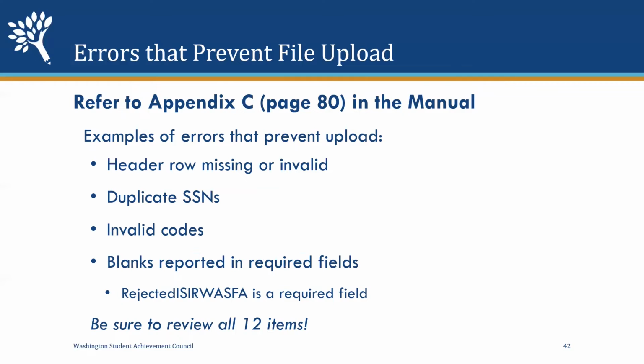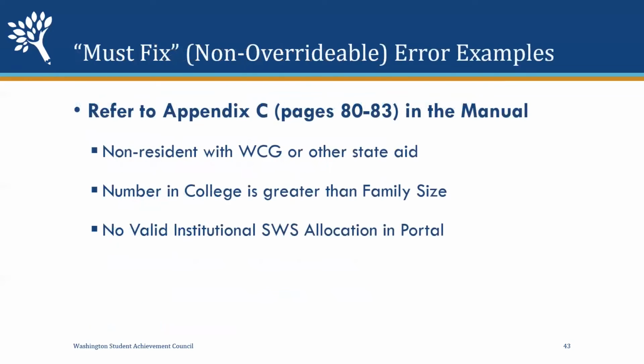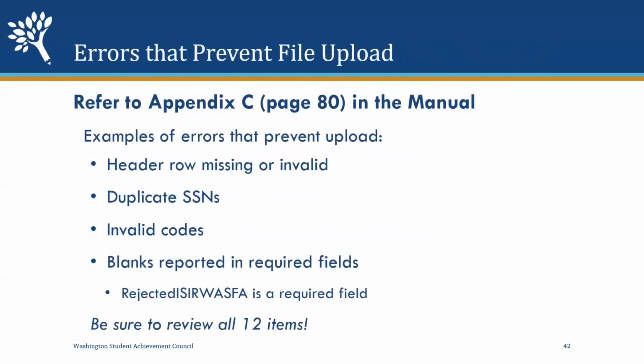These are important, and they could frustrate you. So if you know in advance what they are, you may be able to address them beforehand. A blank in the rejected ICER WSFA field will cause the file to reject. So make sure that you have what is necessary in that rejected file.